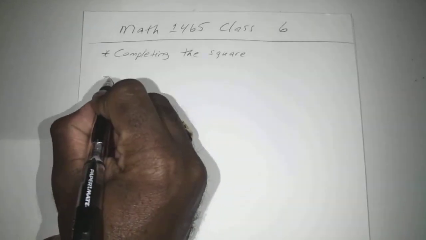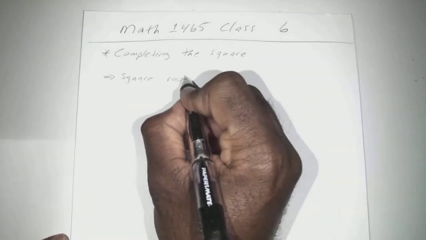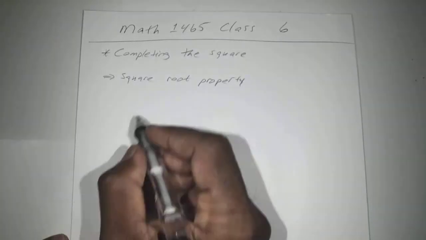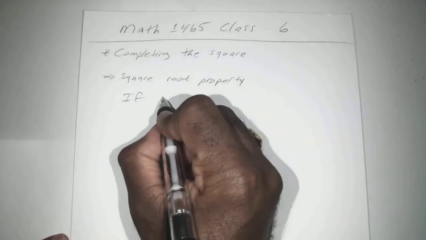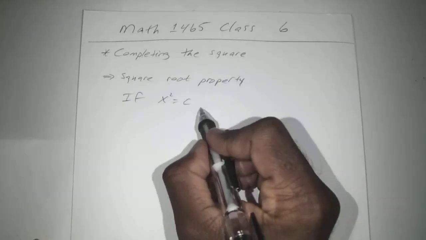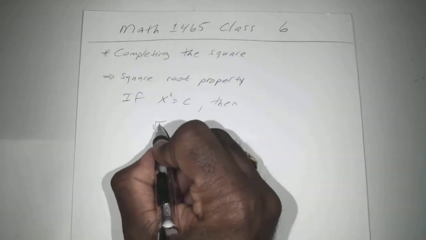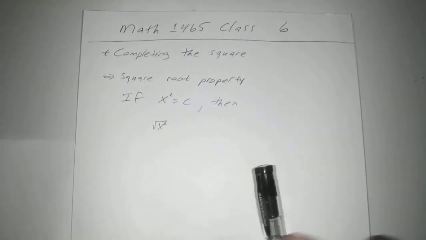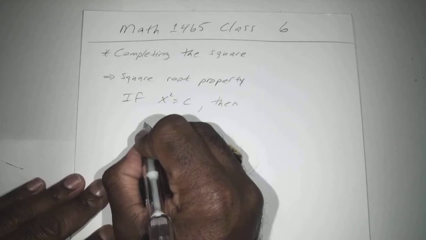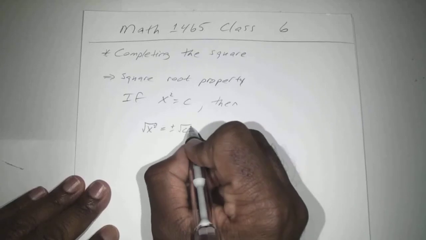Okay. And from that, we're going to start at the square root property, which states that if you have, let's say, x squared equals some constant, we'll call it c, then if you square root both sides, the square root of x squared, and we clean that up a little bit, is going to equal plus or minus the square root of c.